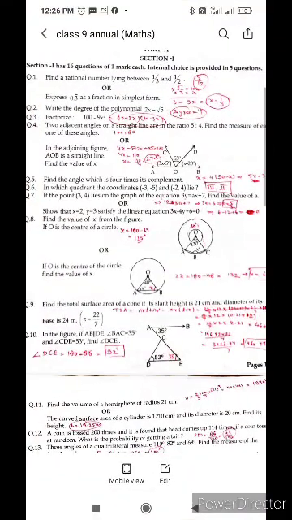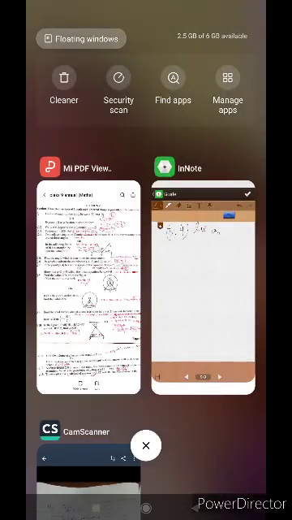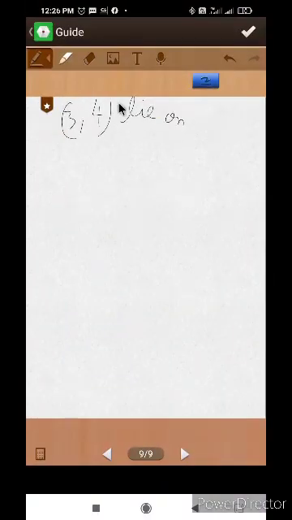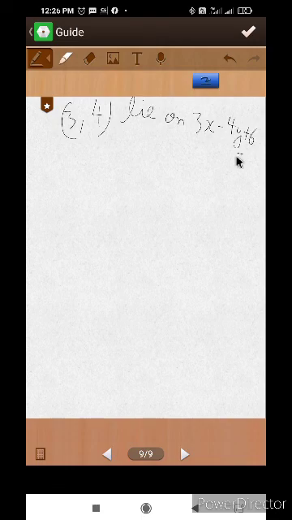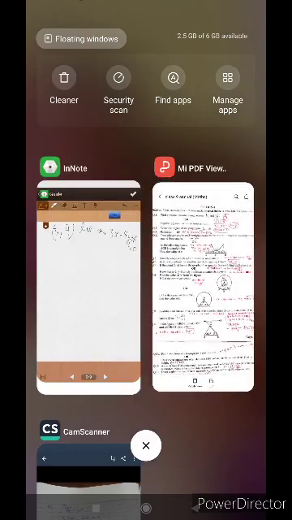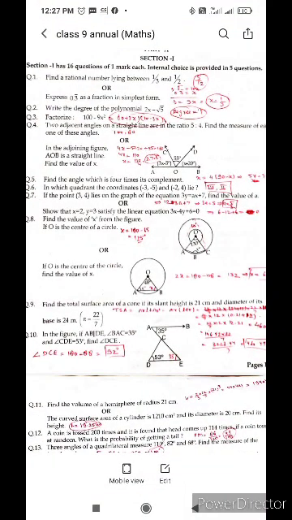What is the equation given? 3x minus 4y plus 6 equals 0. No, sorry. 3y equals to ax plus 7.